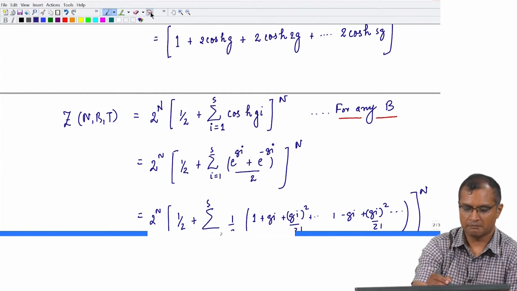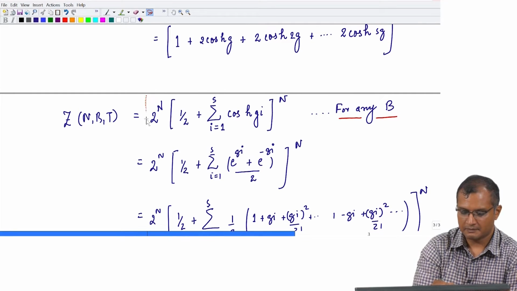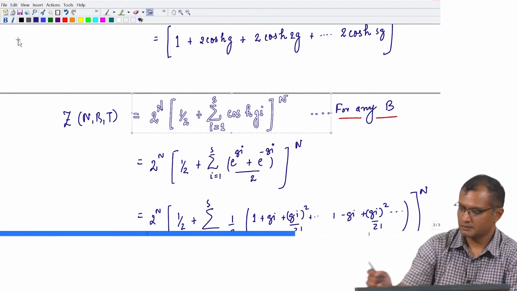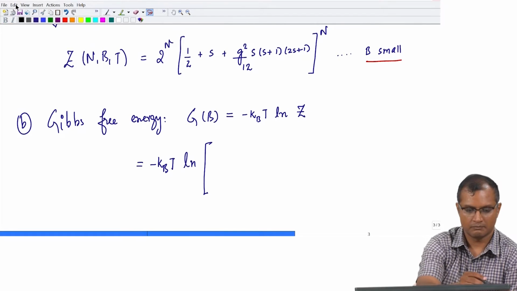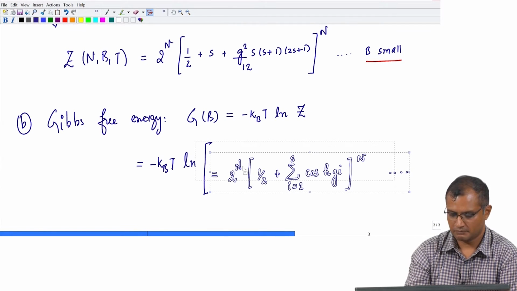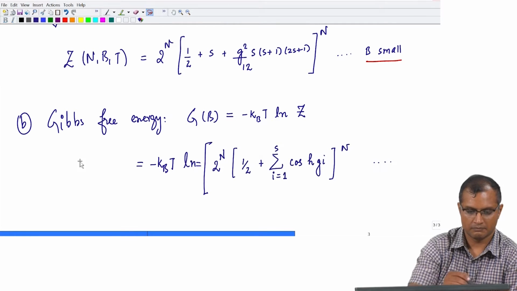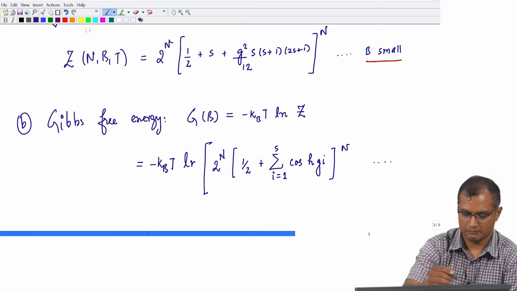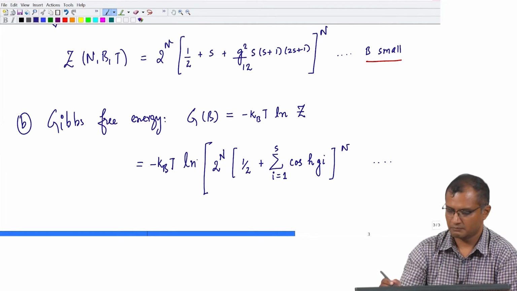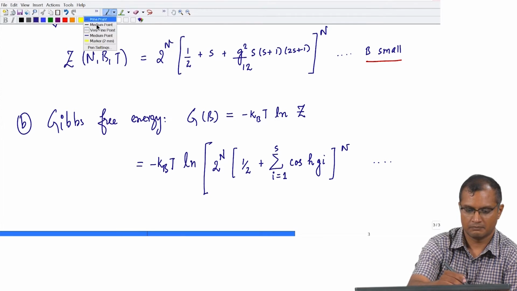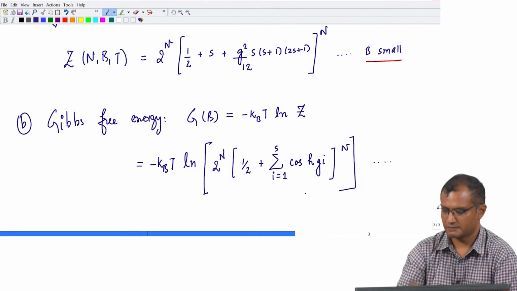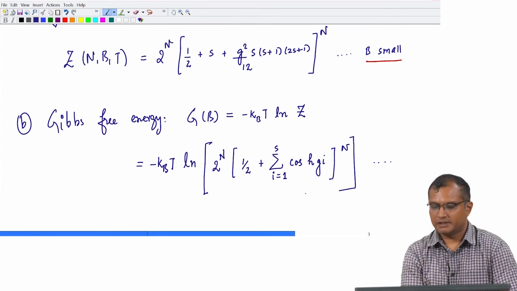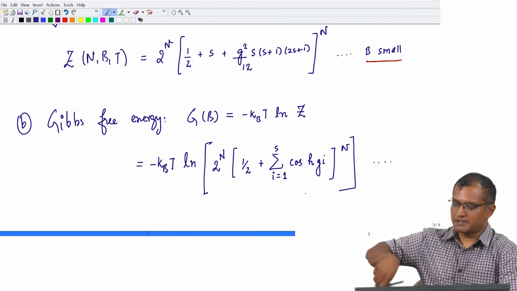So, I am just going to copy. This is the partition function. You have to take a negative kT ln of your partition function. So, let us do that, it is very simple.